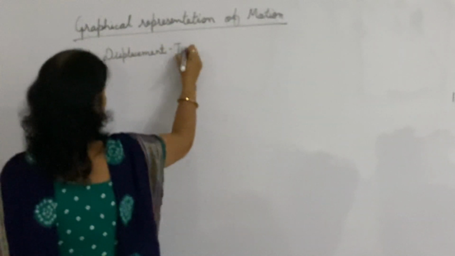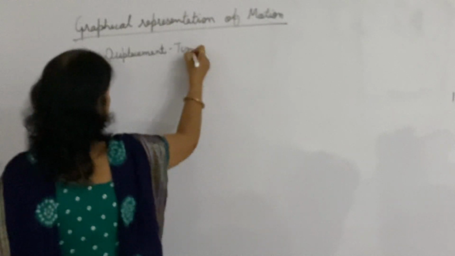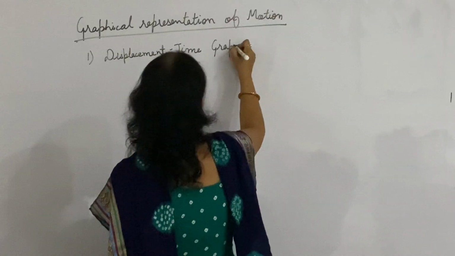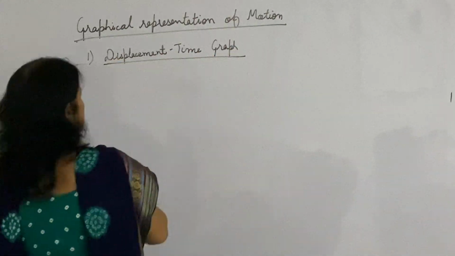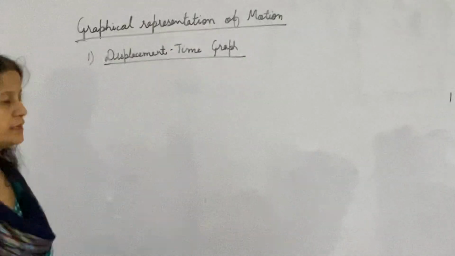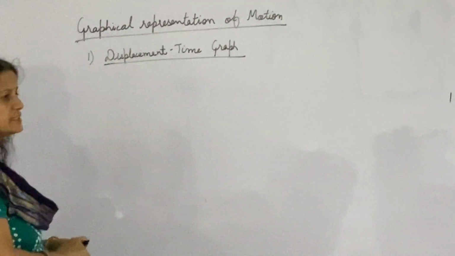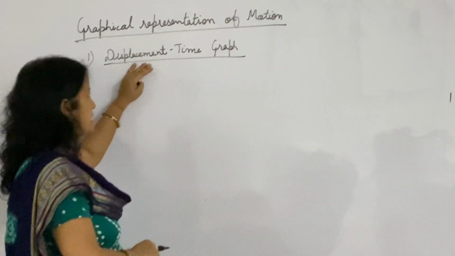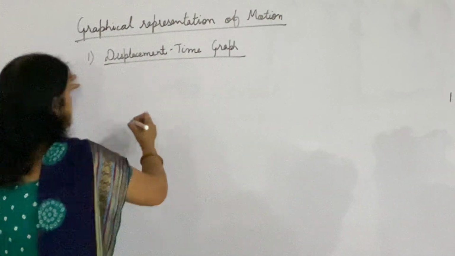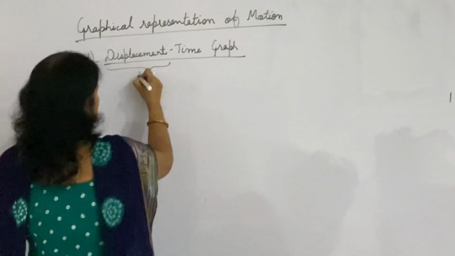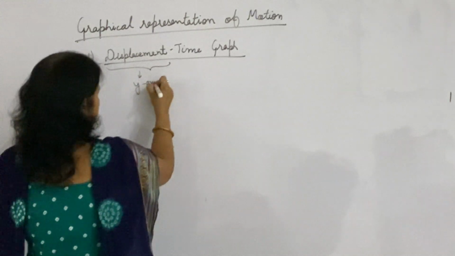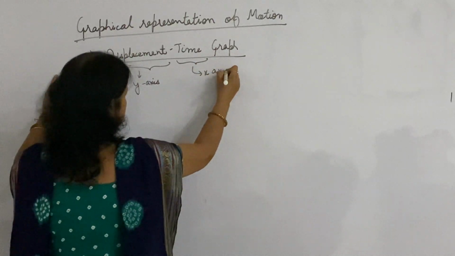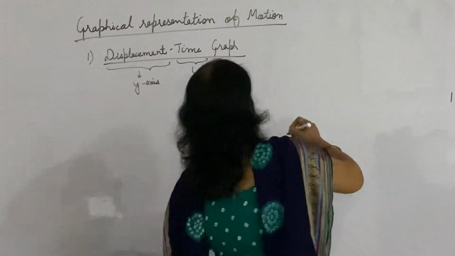As we already discussed in the distance time graph, distance is plotted on the y-axis and time is plotted on the x-axis. Similarly, in the displacement time graph, displacement is plotted on the y-axis and time is plotted on the x-axis. Let me consider one example over here.